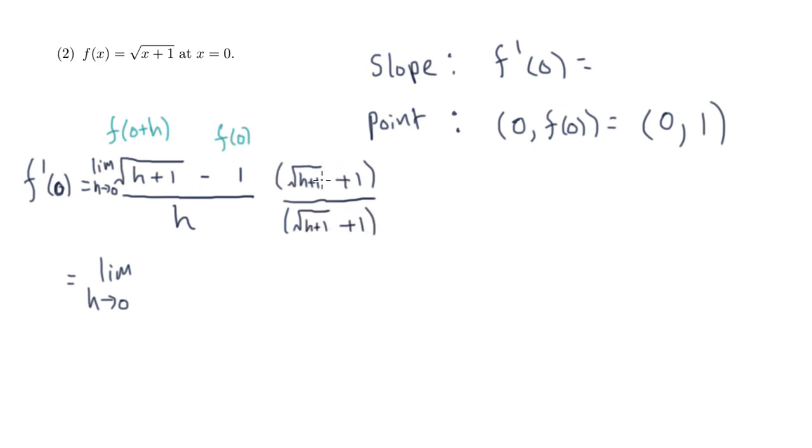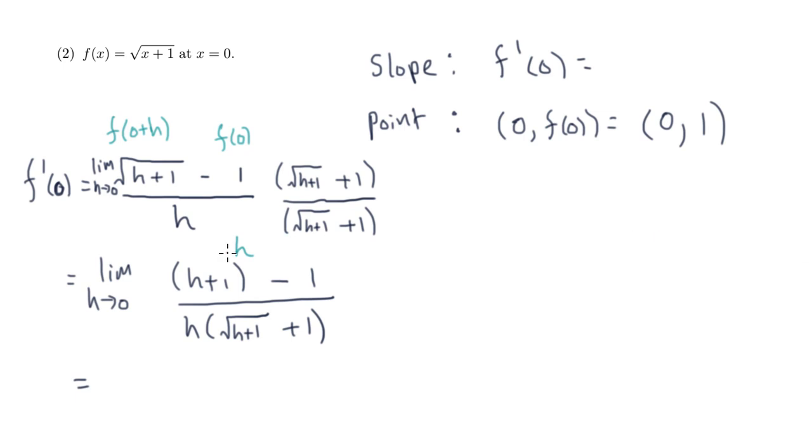And in the top, that's going to give me a difference of squares. So that's just going to be h plus 1 minus 1 all over h times square root h plus 1 plus 1. And so again, this is just square root of h plus 1 squared, which is h plus 1, minus 1 squared, which is 1. Alrighty, and so now, notice that the numerator, this is 1 minus 1, so I'm just going to be left with h, but then that means these h's will cancel.